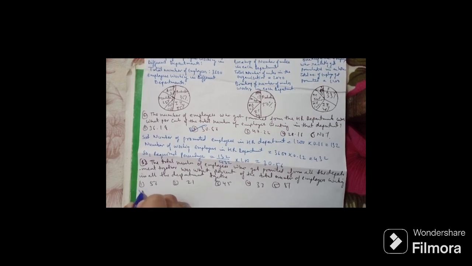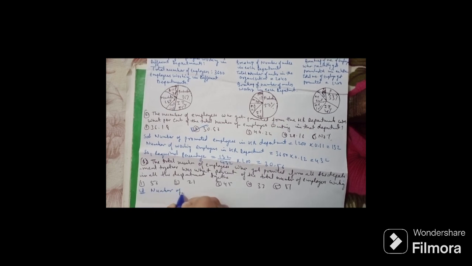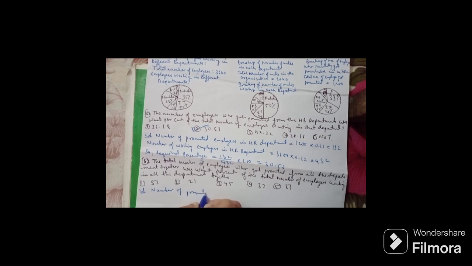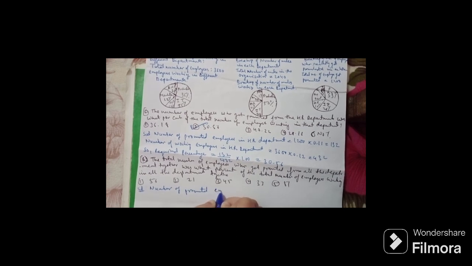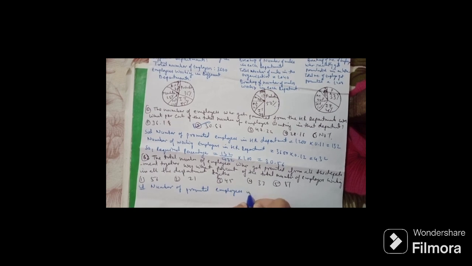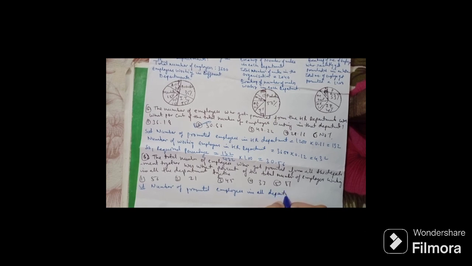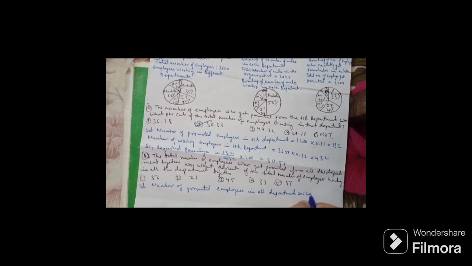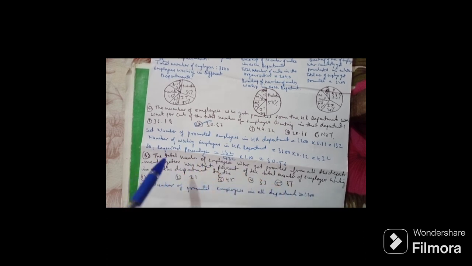So number of promoted employees in all departments is equal to 1200, as you can see here.